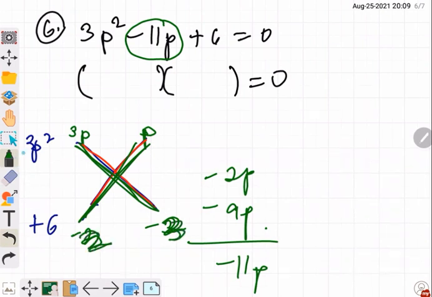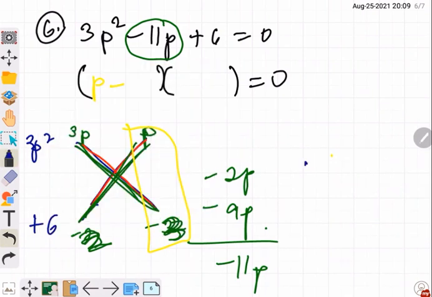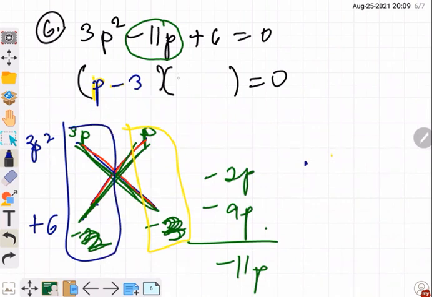That gives us our factors. This one. So we can write it here. P minus, let's write it again in blue. P minus 3. And this one again. 3p minus 2.